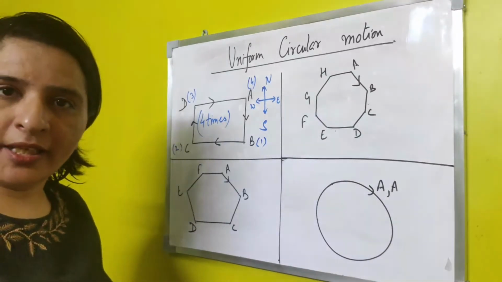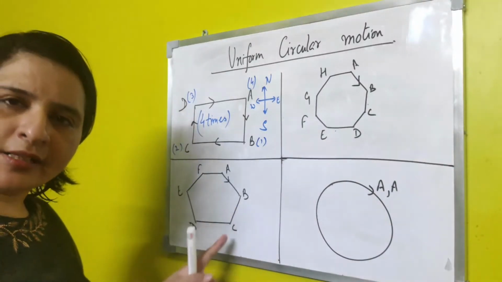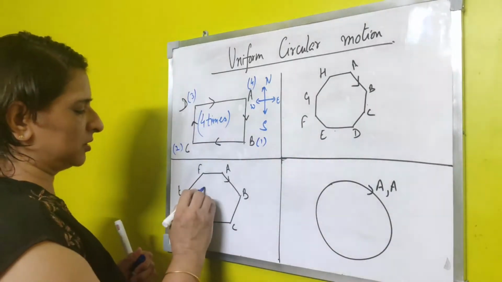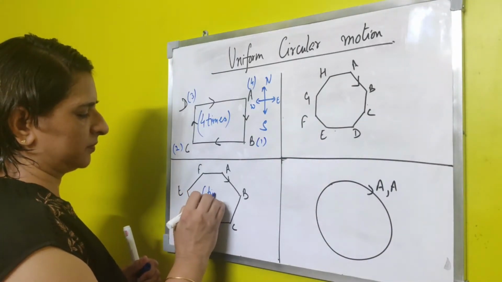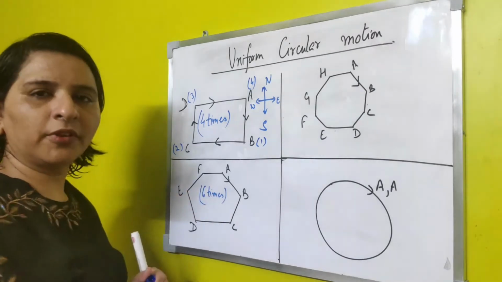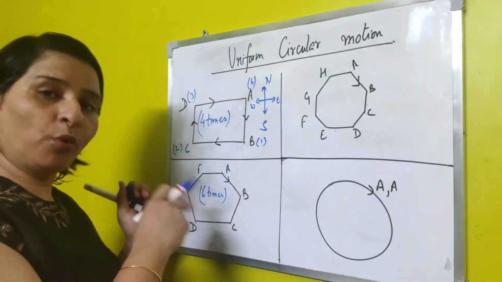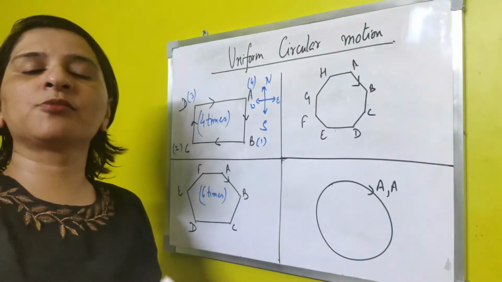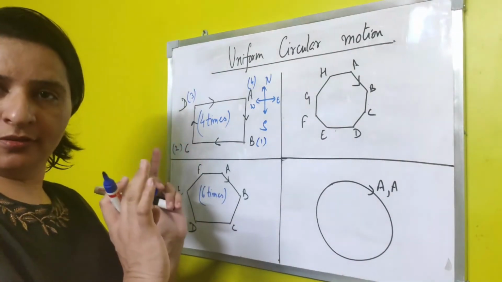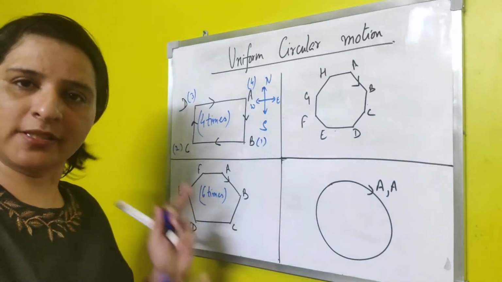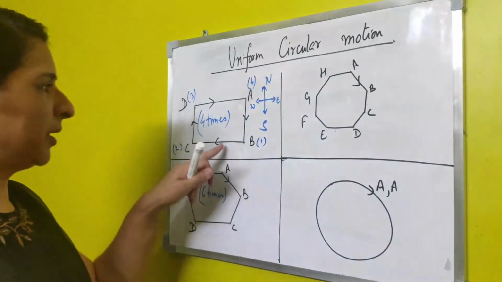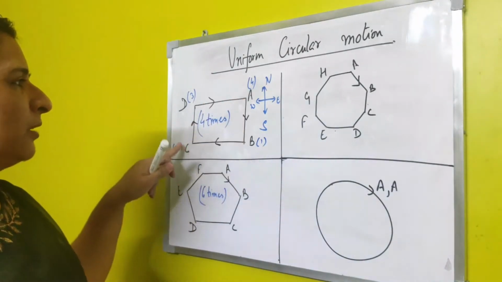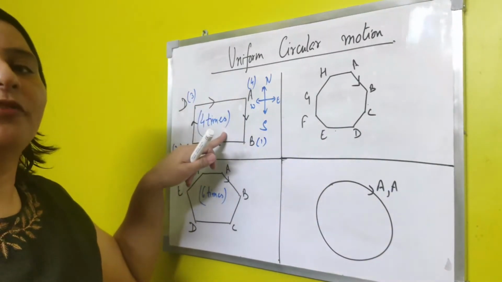Similarly, when it is taking the hexagonal track, it is changing direction 6 times. More the number of sides, more times it will have to change the direction. Assume that the car is moving at the same speed in all the cases. The speed is remaining constant. But although the speed was constant, to move on the rectangular track the car has changed direction 4 times.